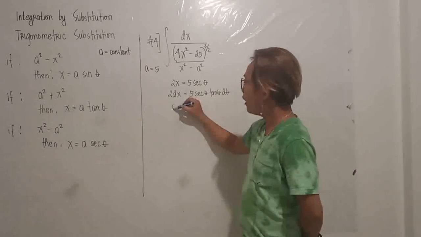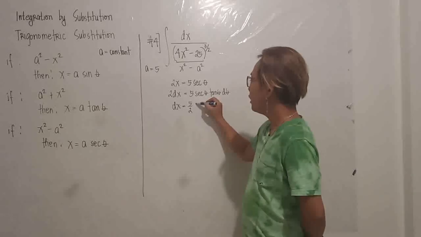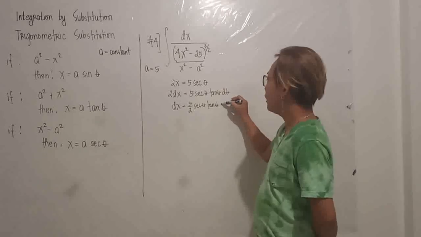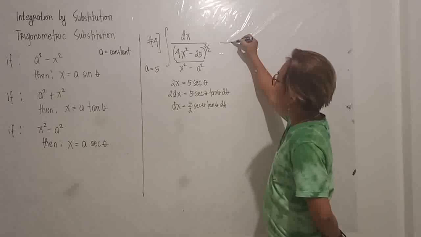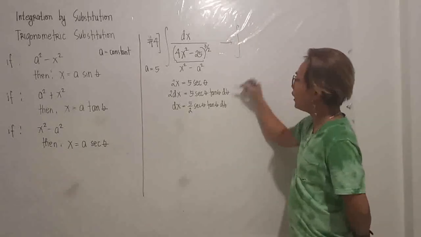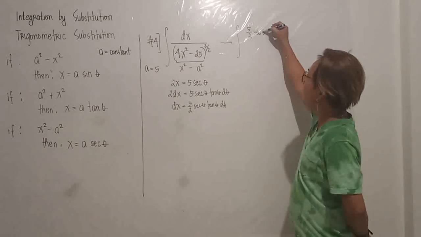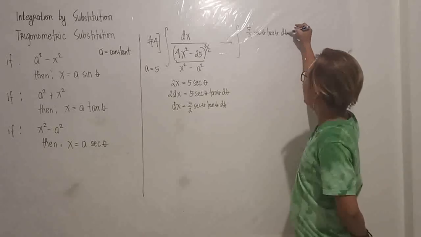So you will now have the value of your dx, which is 5 halves, then secant theta, tangent theta, d theta. Then transforming this equation, you will now have the integral of your dx is 5 halves of the secant theta, tangent theta, d theta.